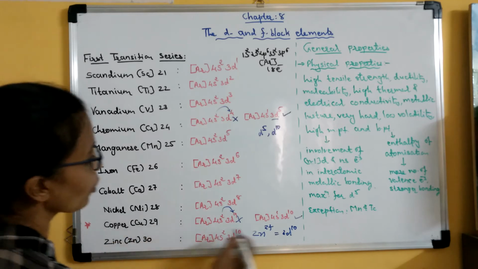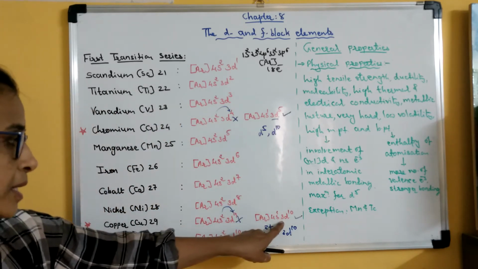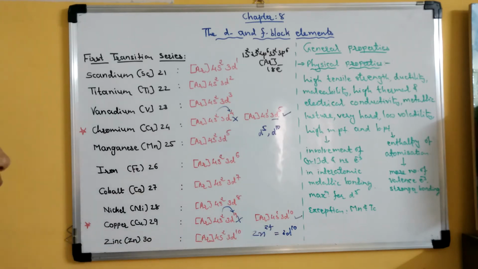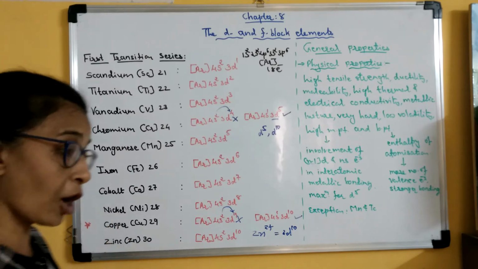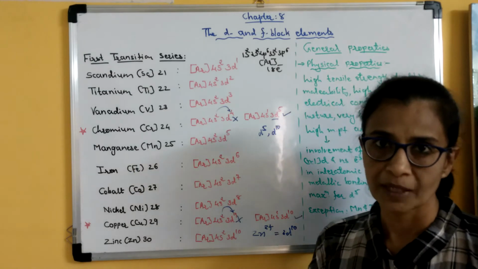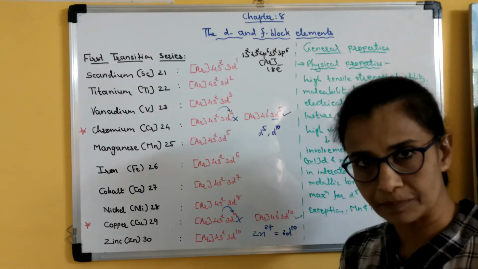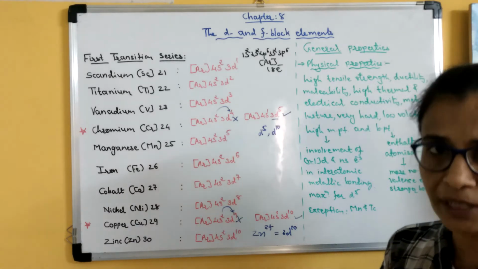Now here we will go for copper. In copper you can see the actual configuration is d10. Now d10 means completely filled d orbital. So can copper be considered as a transition element? If we talk about copper atom, then obviously copper cannot be considered as a transition element.